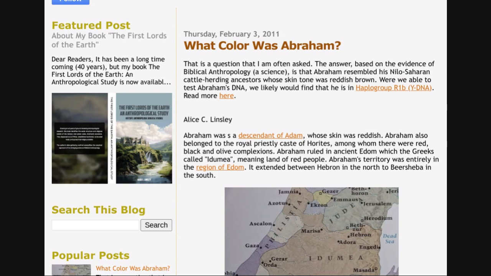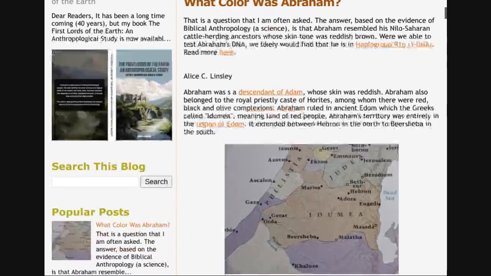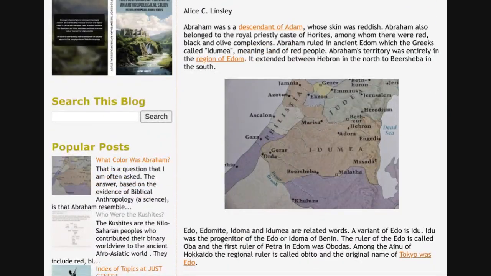Abraham's territory was entirely in the region of Edom. It extended between Hebron in the north to Beersheba in the south. So it gives a map here. Here is Idumea, and it has all these other different towns or cities.